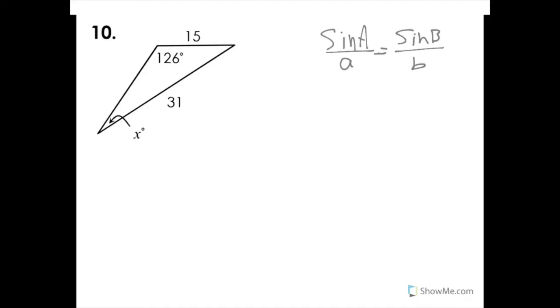So remember, you want the angle and the side that it's across from. So this angle, which is x, would be across from the 15 side. And then 31 and 126 are across from each other. So we're going to fill in our law of sines with that. So the angle goes with sine.